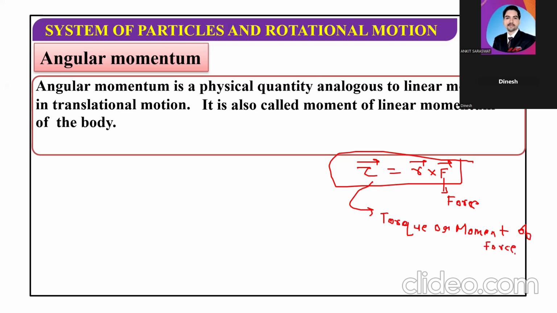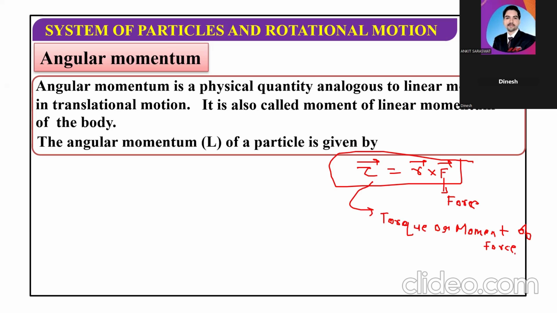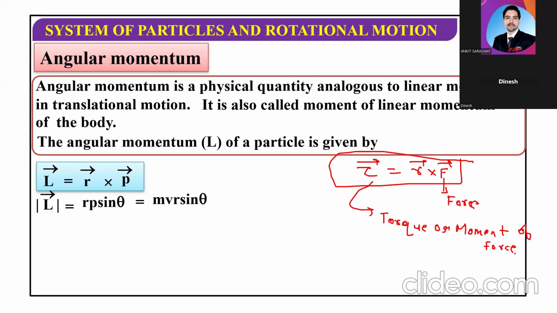So angular momentum is a physical quantity similar to linear momentum in translation motion. It is also called moment of momentum. For a particle, angular momentum is given by r cross p. This formula is very important. What is r? Just remember, for example, this is the axis and a particle is here.